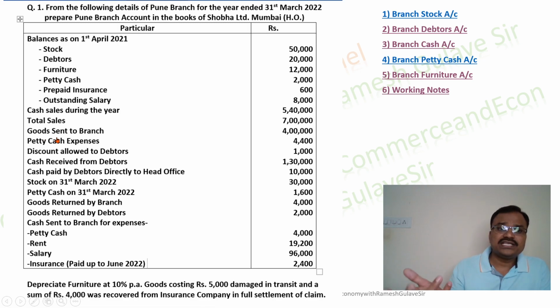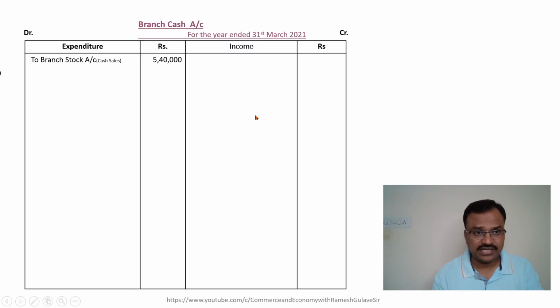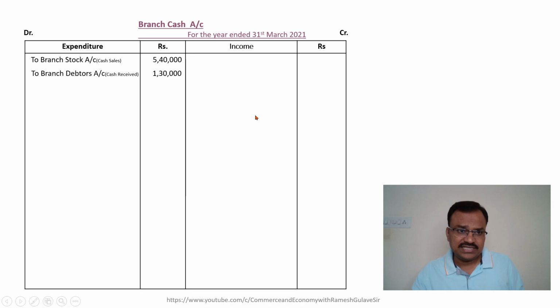Petty cash account is maintained separately. Discount allowed to debtors, no. Then the next point is cash received from debtors. Here cash of 1,30,000 has been received by the branch from the debtors. This is recorded on the debit side of the branch cash account because it is received. So the branch has received cash from cash sales 5,40,000 and from branch debtors 1,30,000.